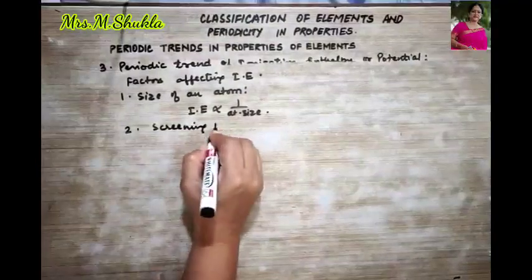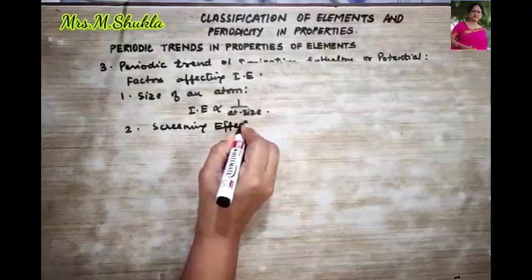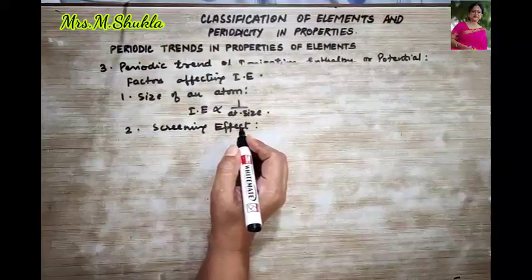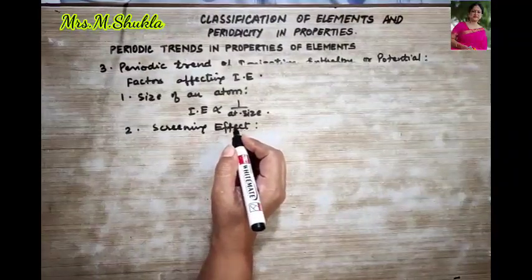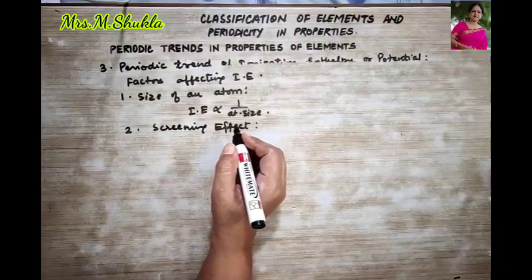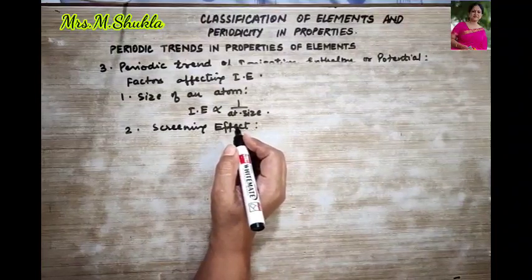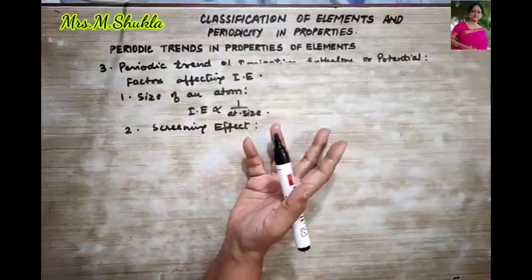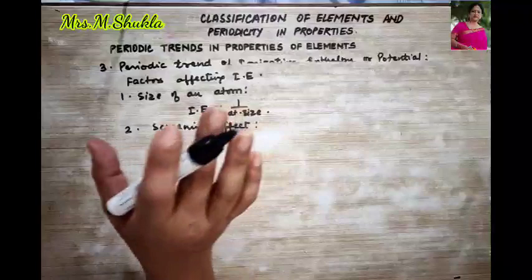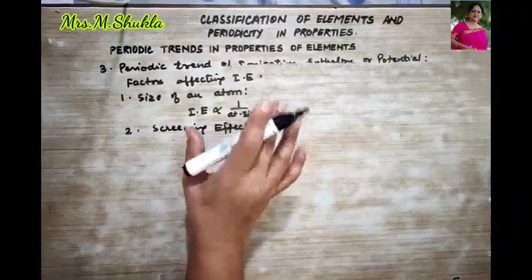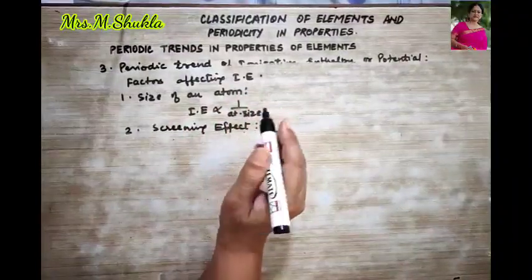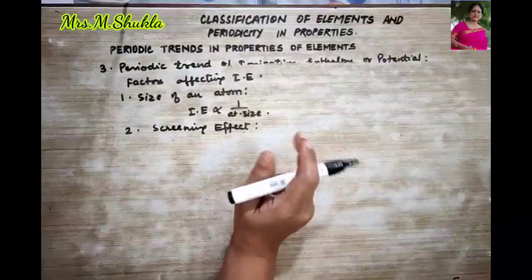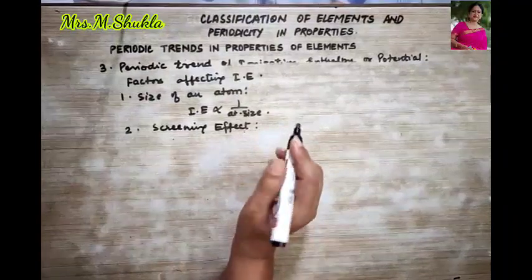Screening effect. Now what do we mean by screening effect? Screening effect also means shielding effect, right? That is, in a multi-electron atom, the electrons that are present between the nucleus and the valence electron shield the valence electrons from the nucleus.